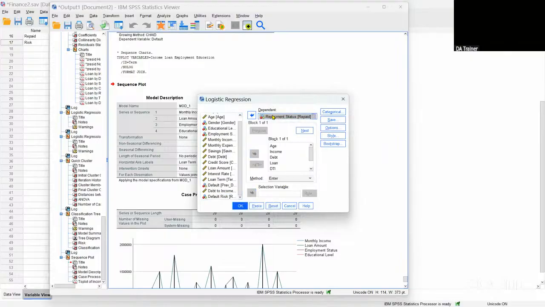Dependent here. Credits. Let's see if this few can work.